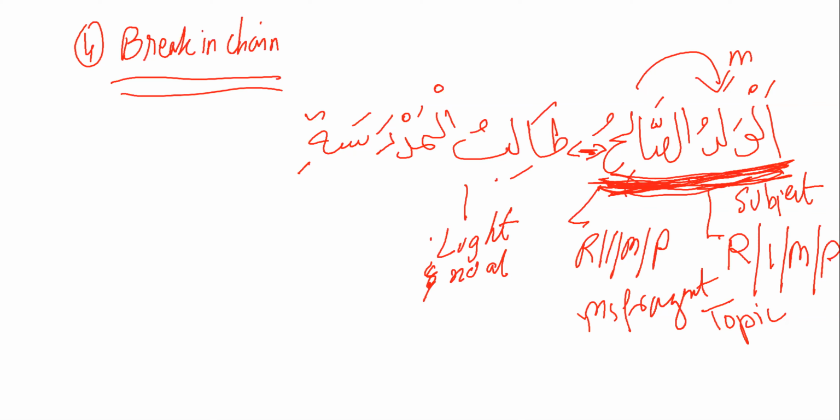So talibu is not connected to what is before because this is not a mubtada. It is light and no al, right? This is a break in the chain, an HON fragment.